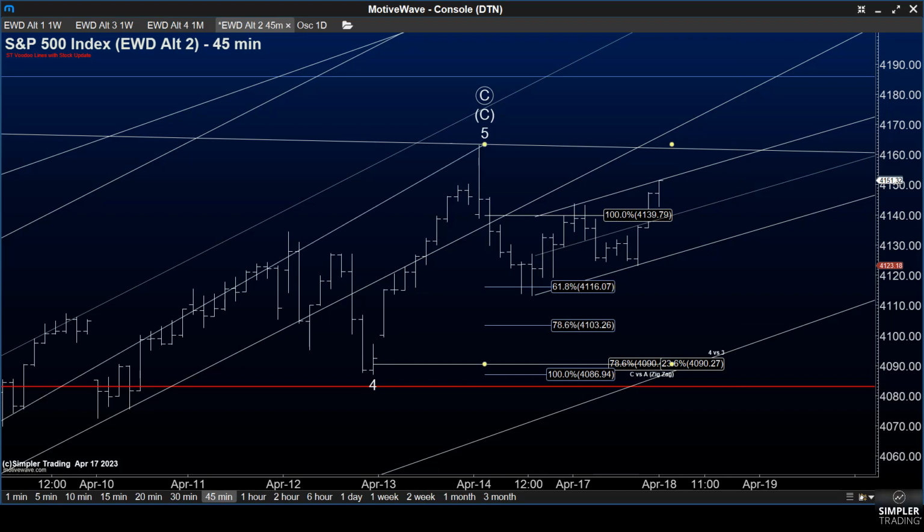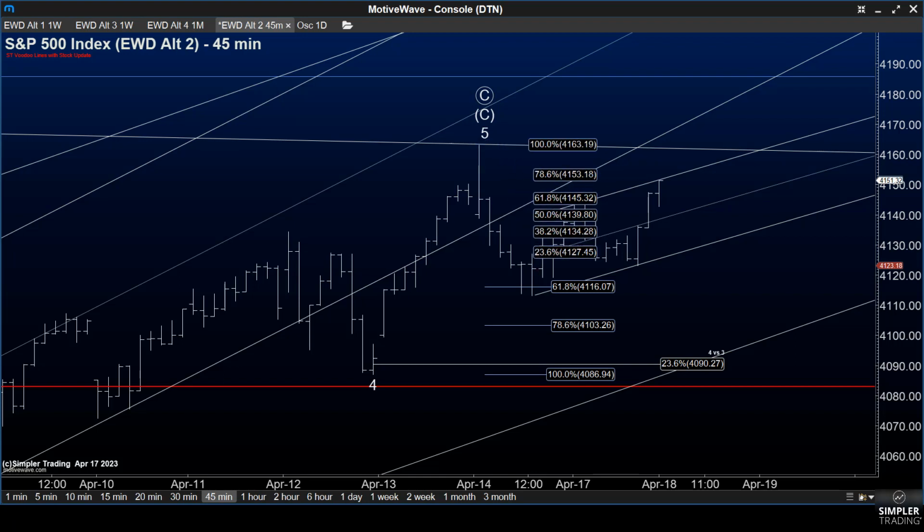Let's zoom in on this a little bit more. If we measure the move down from Friday's high to Friday's low, the bounce into the close today is more than a 61.8, but it's a 78.6 retrace of this move down.